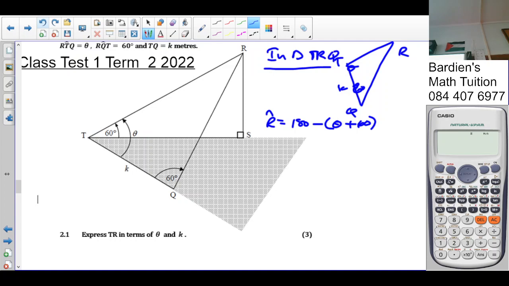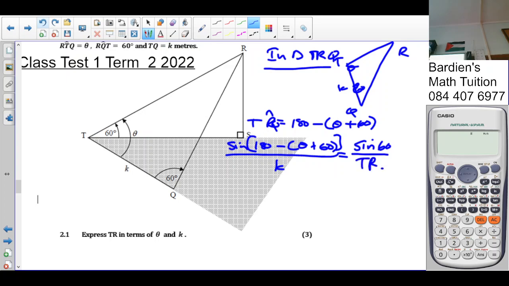So the application of the sine rule, and that must be called TRQ. There are many angles in this diagram. So we're going to say that sine of TRQ, which is 180 minus theta plus 60, over K, is equal to sine of 60, sorry, over TR.